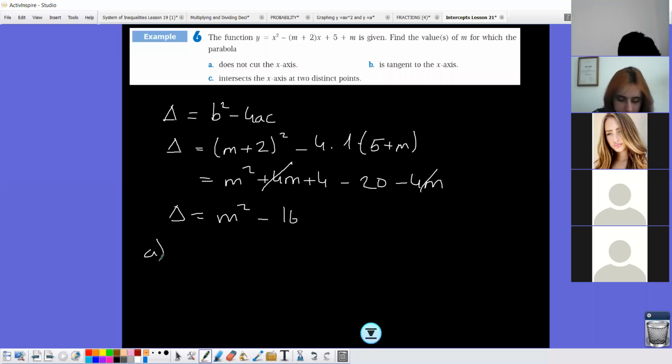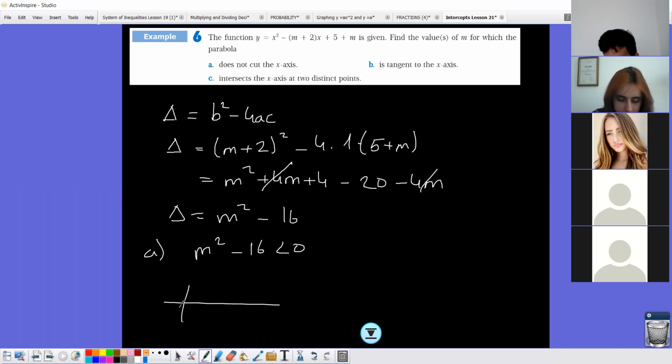Now for A, it does not cut the x-axis if the discriminant is smaller than 0. So my m squared minus 16 has to be less than 0. Here we have a quadratic inequality, so I need to draw the sign chart.